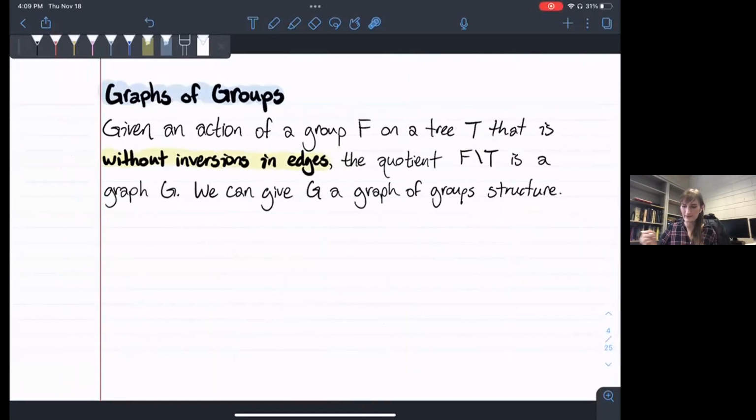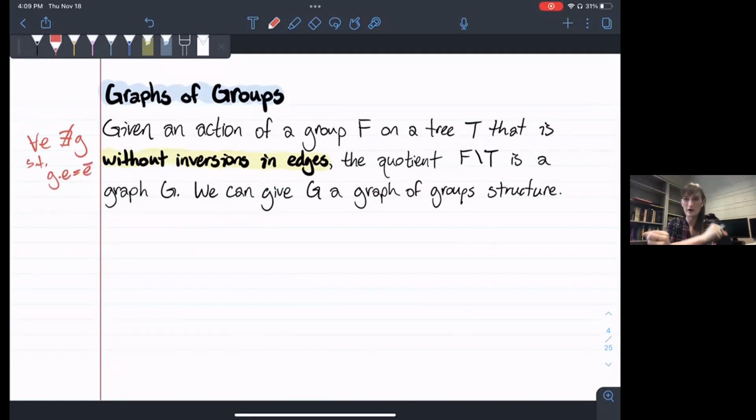More review, I guess, is the fundamental theorem of Bass-Serre theory, which says that, oh, sorry, let me just process what's on my slide first. Okay, so given an action of a group F on a tree T that is without inversions on edges, which just means that for all E, there does not exist a group element G such that G sends E to E bar.